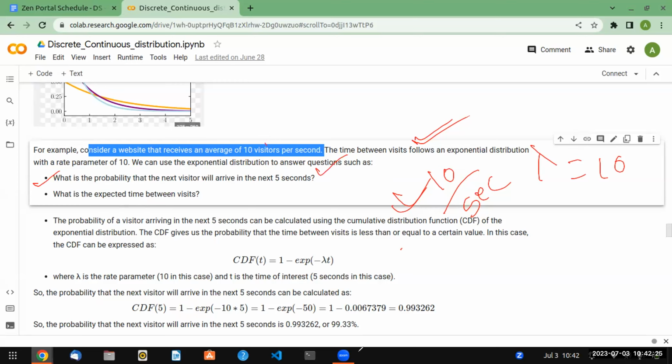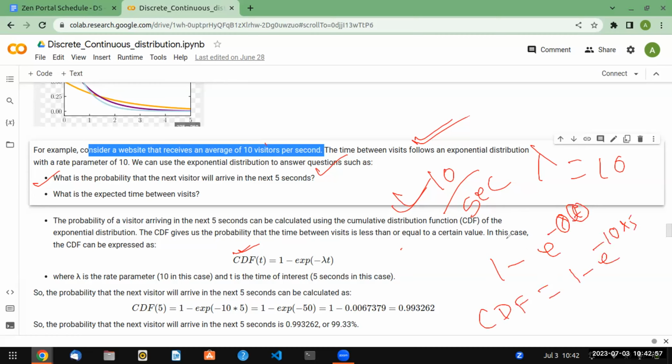There you will use the CDF formula because it will be the cumulative probability from the previous timestamp. So if you put this data in this formula, 1 minus e to the power minus lambda t, lambda is 10, and t is 5 seconds. So the cumulative distribution function will give you 1 minus e to the power minus 10 into 5.